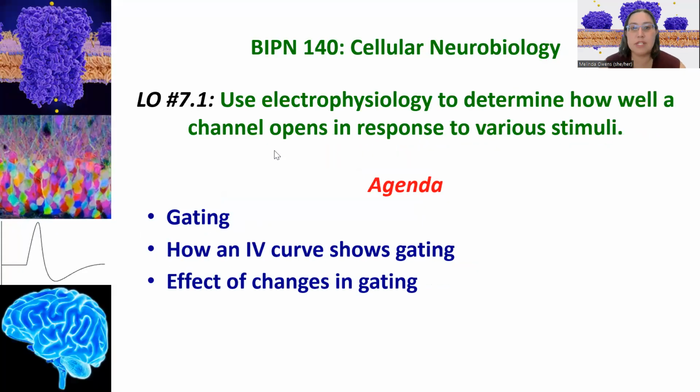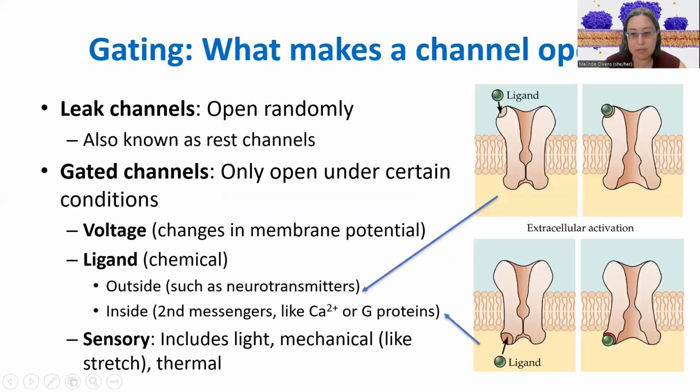So first up, we're going to talk about using electrophysiology to determine how the channel opens or what opens the channel. This is called gating. We have talked about leak channels. Leak channels open randomly. So we've talked about the potassium leak channels in the membrane. They open randomly. They're also known as rest channels.